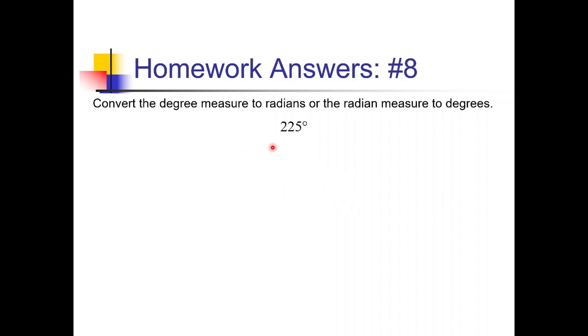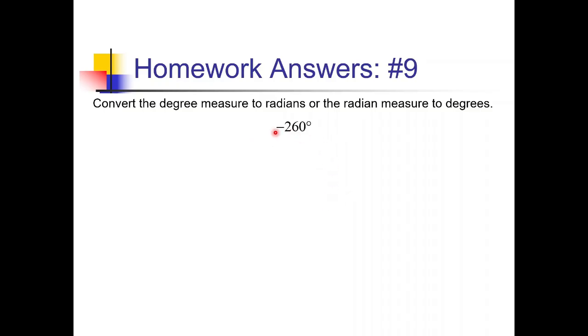To convert 225 degrees into radians, we're going to multiply by pi over 180. 225 and 180 are both reducible by 45. So we can make this 5 and 4. So then 5 pi over 4 is our final answer.